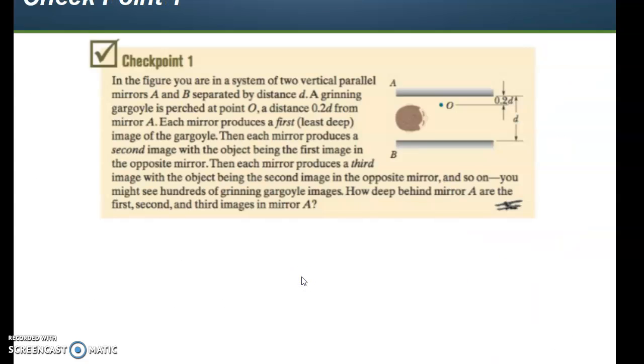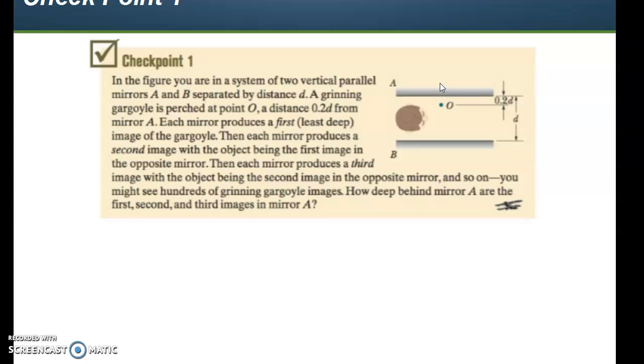So, first thing, in the figure you have a system with two vertical parallel mirrors. The grinning gargoyle is perched at point O, a distance 0.2d from mirror A. Each mirror produces images first at least, so there's going to be an image beyond this one right here.